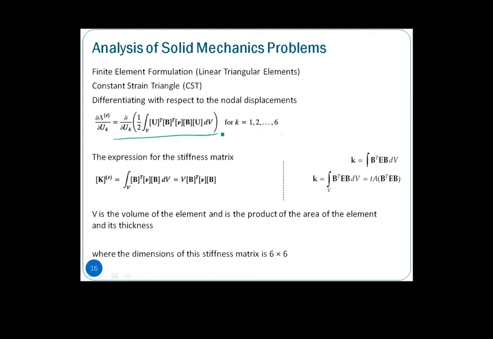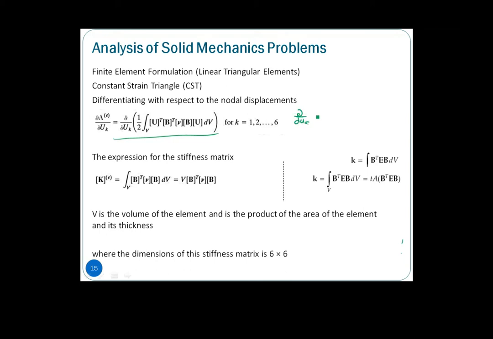You still remember we discussed before in the beam or axial member itself. This can be simplified; you see the derivative itself, del del uk.